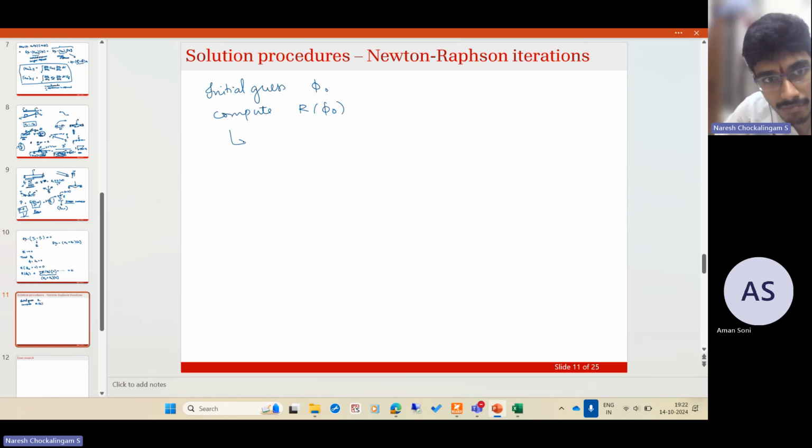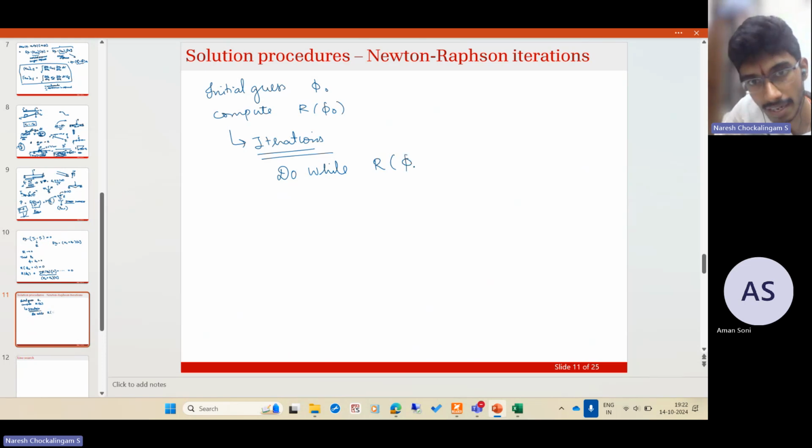Then get into iterations. If I write pseudo code, it is: do while the residual in the current step is greater than or equal to some tolerance multiplied by the initial residual, R naught.